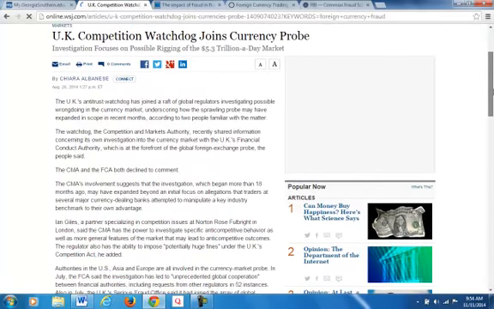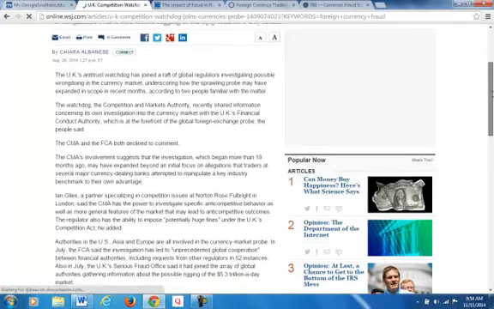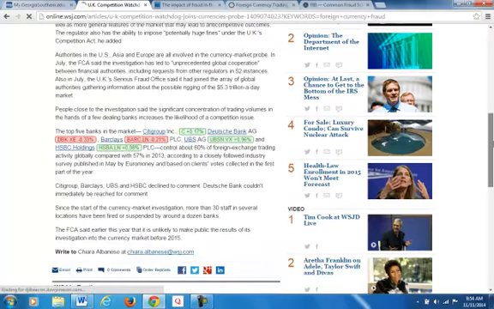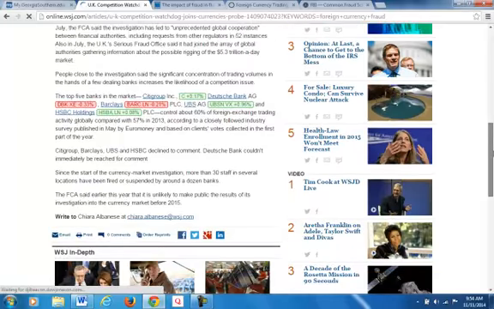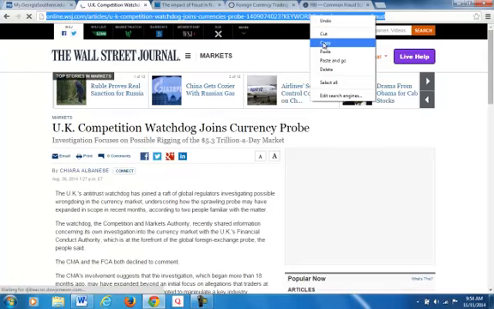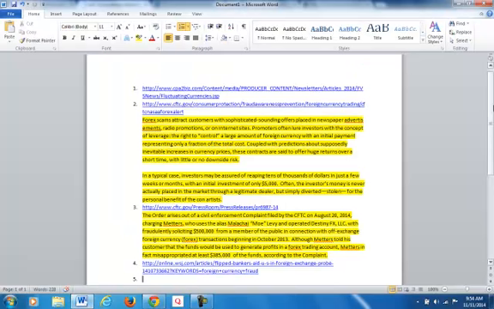And the subheading is investigation focuses on possible rigging of the 5.3 trillion a day market. So this looks like a good website to use. I'm copying and pasting this website into the Word document as source number 5.